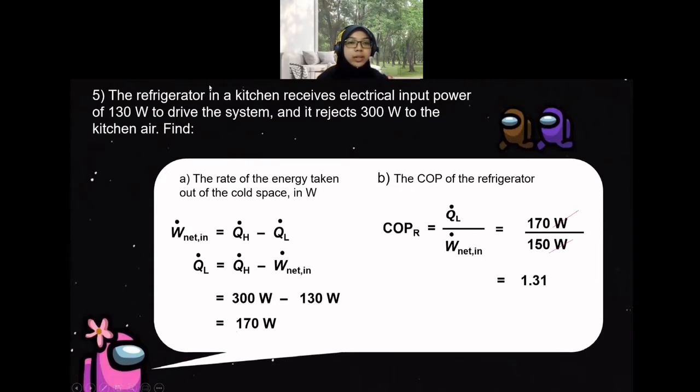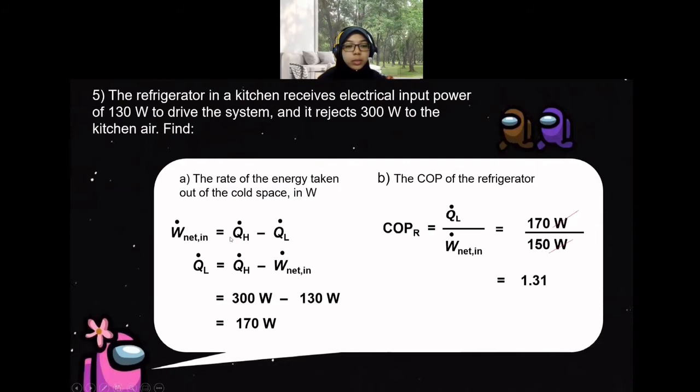So next question is question number 5. The refrigerator in a kitchen receives electrical input power of 130 watt to drive the system and it rejects 300 watt to the kitchen. First question is question number A. Find the rate of the energy taken out of the cool space in watt. So first we use the W dot in formula.